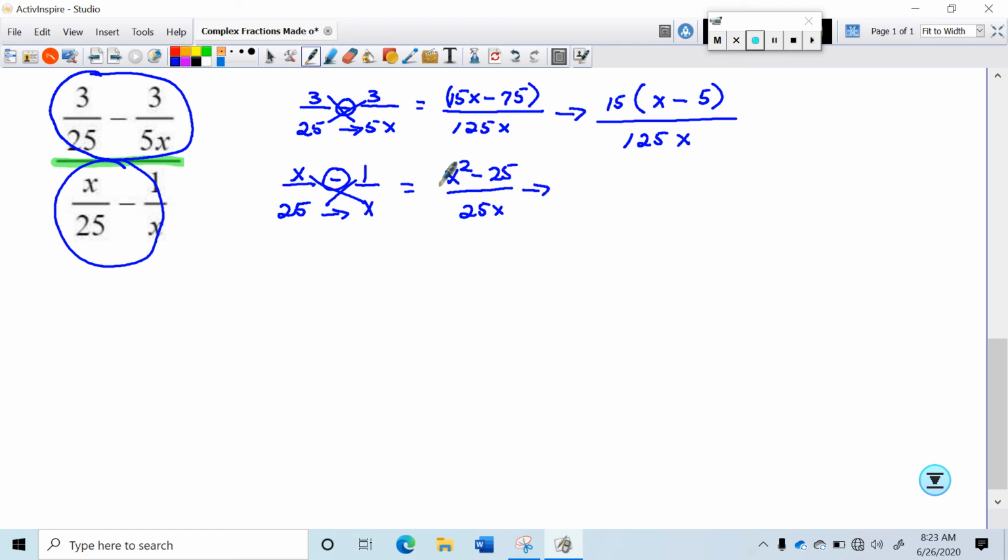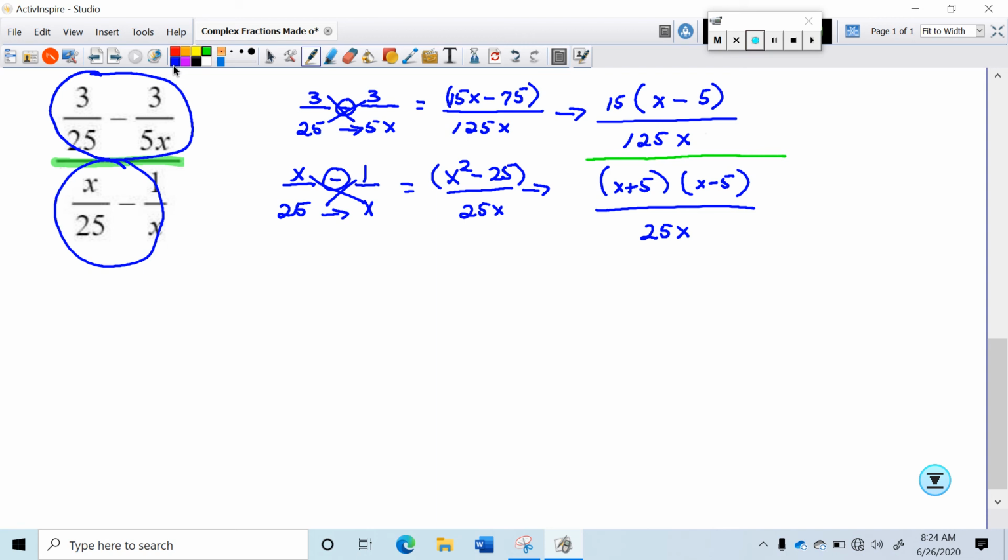That binomial is a difference of 2 squares. So x squared minus 25 is x plus 5 times x minus 5. And you still have your 25x on the bottom. Okay, so that's my numerator and denominator.